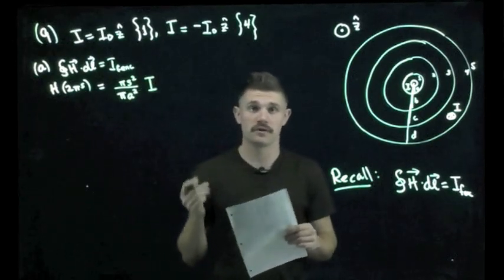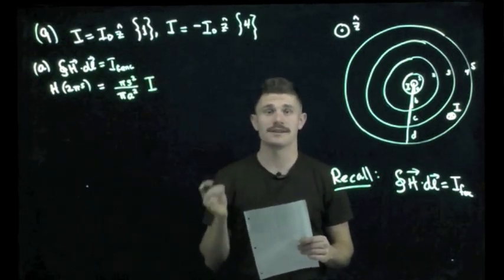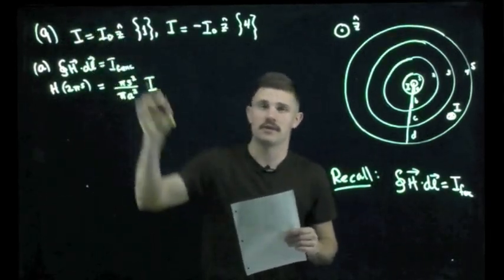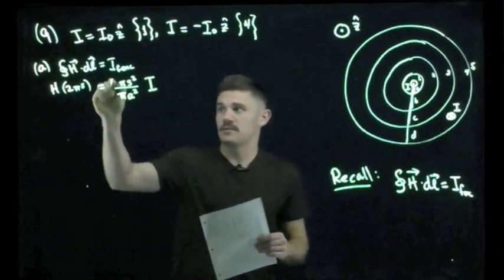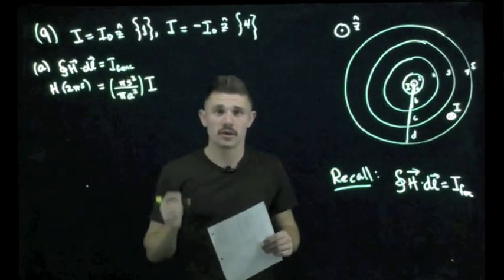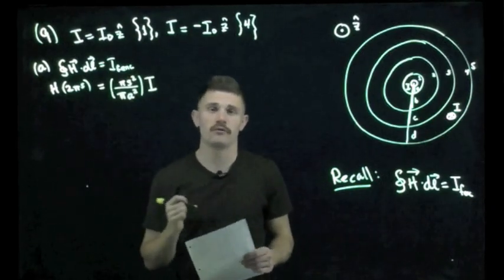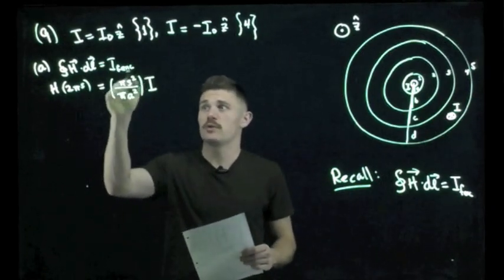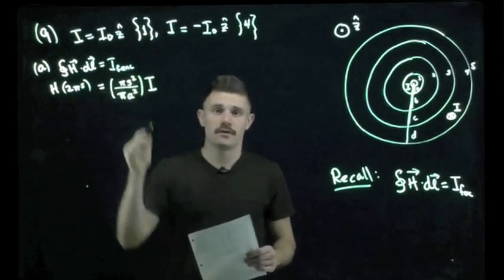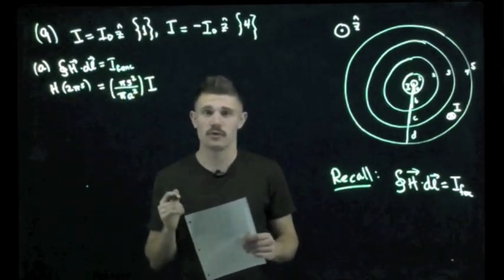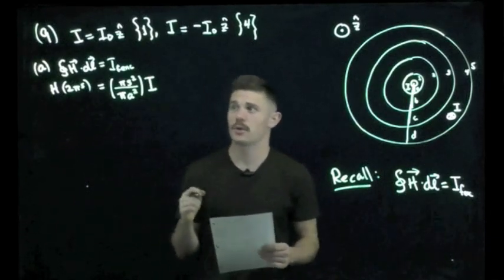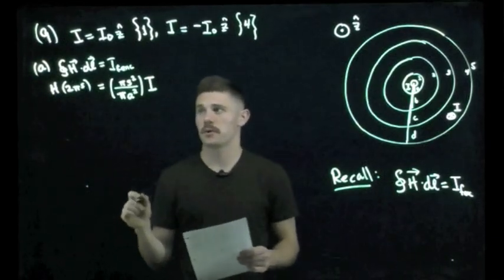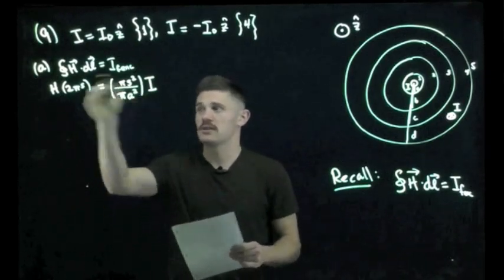And the magnitude of the free current flowing in that region is I, given from here that we say in region 1 there's a current I flowing in the z-hat direction. So what this means is that the amount of free enclosed current from our Amperian loop of radius s is simply the ratio of the area that loop encloses of that region over the entire area of that region. So just pi s squared over pi a squared. Of course, we're going to get some cancellations, and we can solve through.